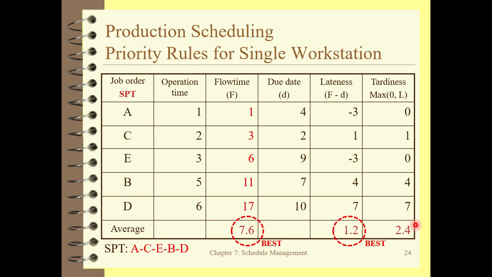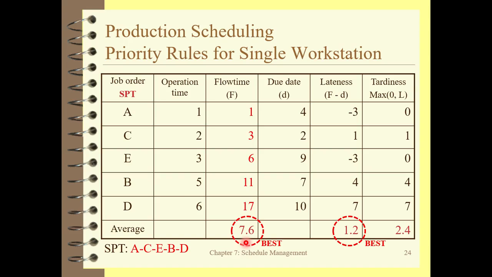Right? Okay, now you are ready to compare which one gives the best performance in terms of which measure. For instance, suppose you want to know which priority rule gives you the best performance in terms of flow time. You just look at the flow time of each one. The best rule will give you the lowest mean flow time.